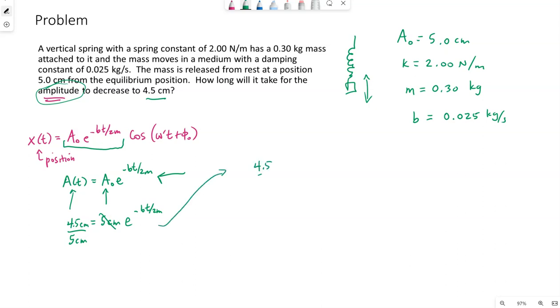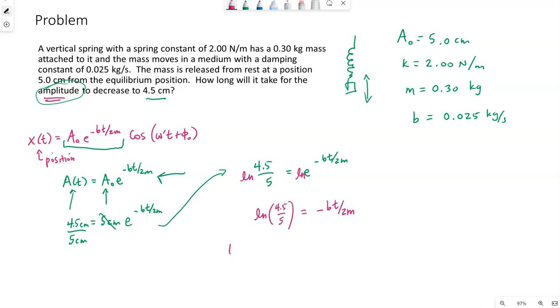So I have 4.5 over 5 is e to the negative bt over 2m. Now is when I can take the natural log of both sides to get rid of the exponential. So the natural log of 4.5 over 5 is going to equal negative bt over 2m.